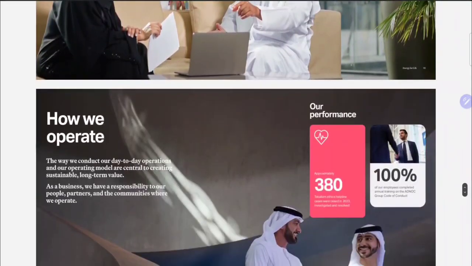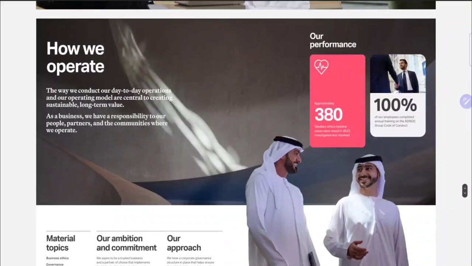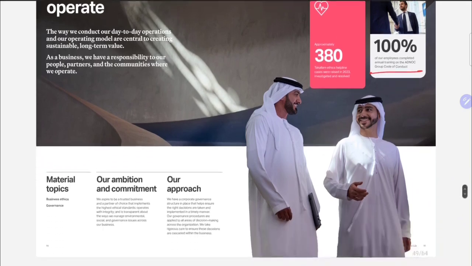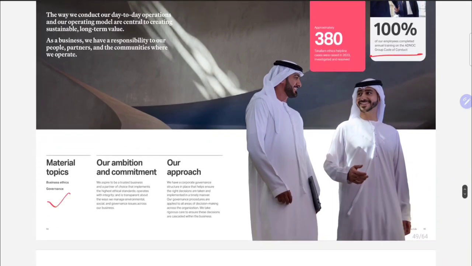How we operate, operating performance, you can see here. The group code of conduct the company employees are following, 100% of employees complete the training for group code of conduct. You can see the material topic, business ethics and governance, ambition and commitment and our approach. Again it is related to the governance part of the company.